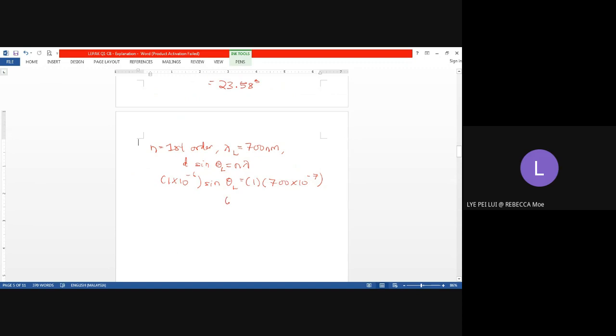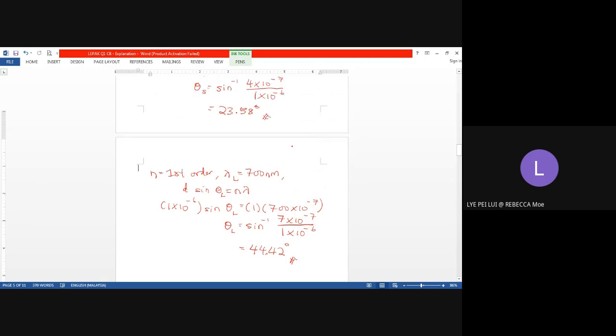Okay, then equals to shift sine 7 exponent negative 7 over 1 exponent negative 6, right? Okay, then at the end I get 44.42 degree, right? Okay, this one is for longest.